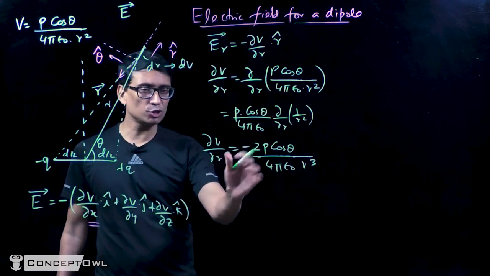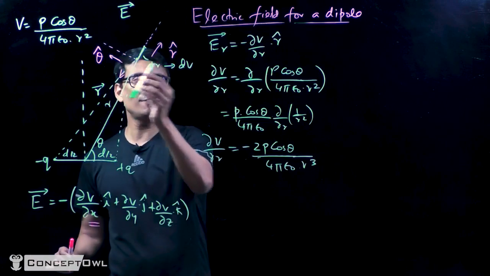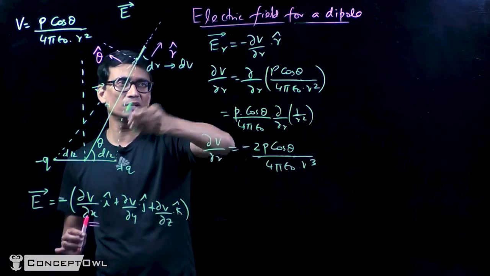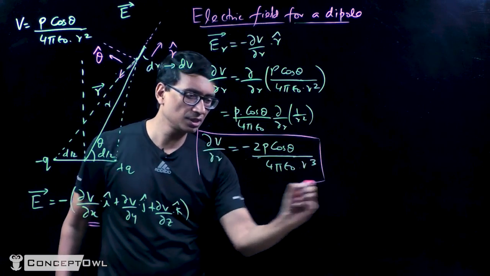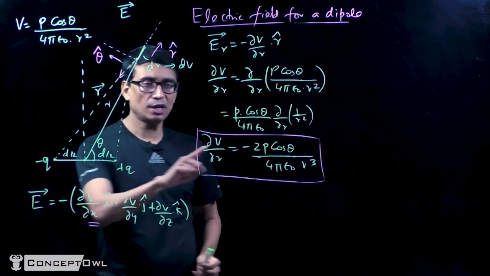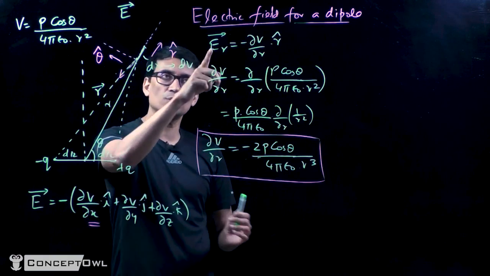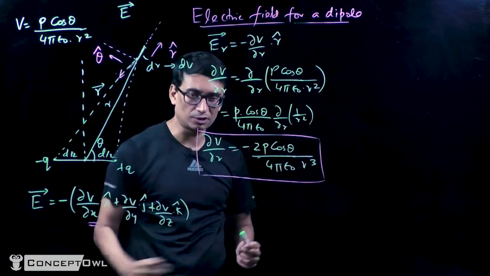This is going to be my del V by del R. Here I have found the component along the position vector, the radial component. This is my first thing that I wanted to find out. The electric field would be the negative of this, since this is the gradient along this direction, and E is minus of this: minus 2 P cos theta upon this thing.